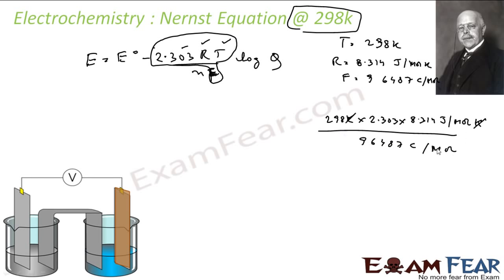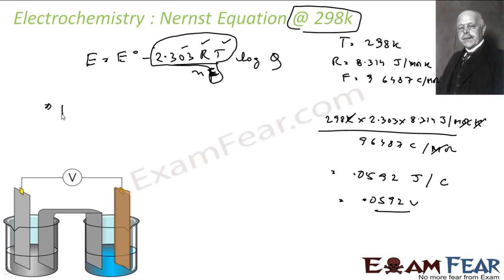Kelvin and Kelvin cancel, mole and mole cancel. So what you get is 0.592 joule per coulomb. And joule per coulomb is volt. So it becomes 0.0592 volt. Right? This is what the value of this comes out to be.